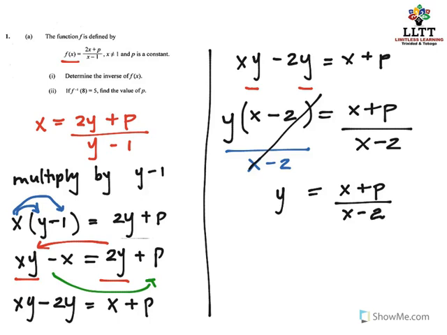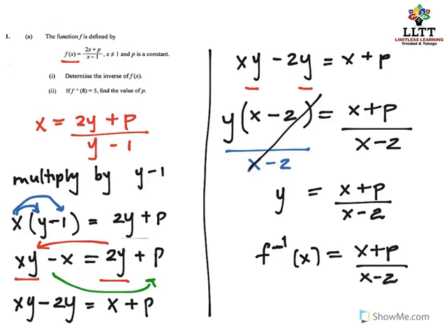And then our final step for doing the inverse is to replace y with f inverse of x. So we now have f inverse of x is equal to x plus p over x minus 2.